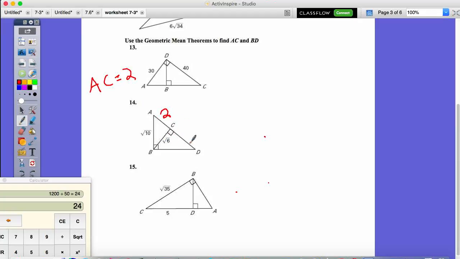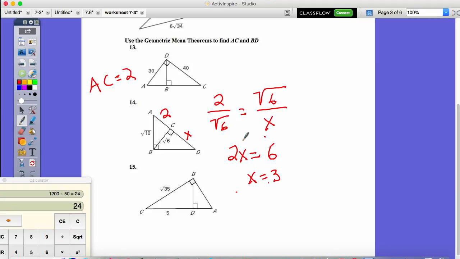I'm going to find CD so that I can make a right triangle. So 2 over radical 6 equals radical 6 over x. 2x equals radical 6 times radical 6, which is 6. X equals 3. The problem is on the worksheet, I put the 3 at BD.